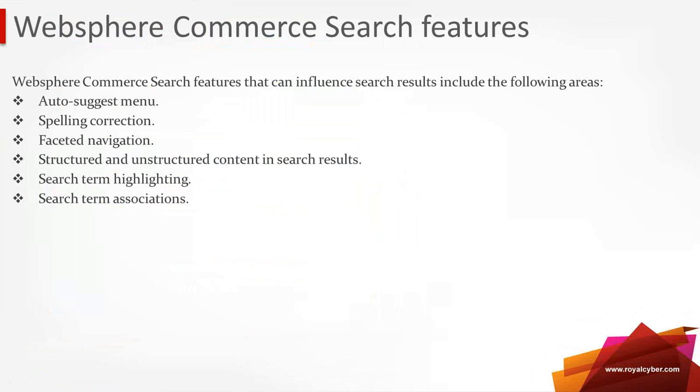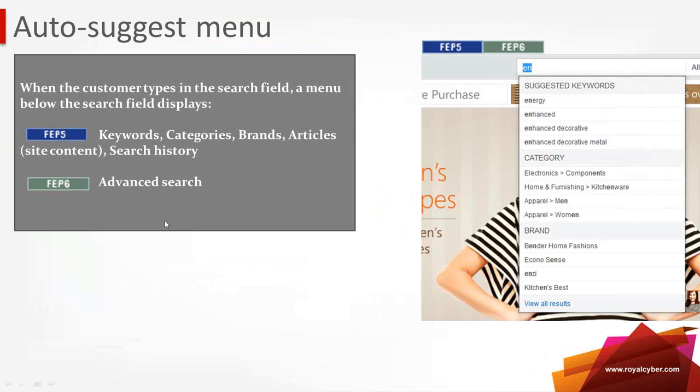From the WebSphere Commerce UI perspective, these are the features we'll go over: auto suggest menu, spelling correction, facet navigation, structured and unstructured content, and search highlighting.